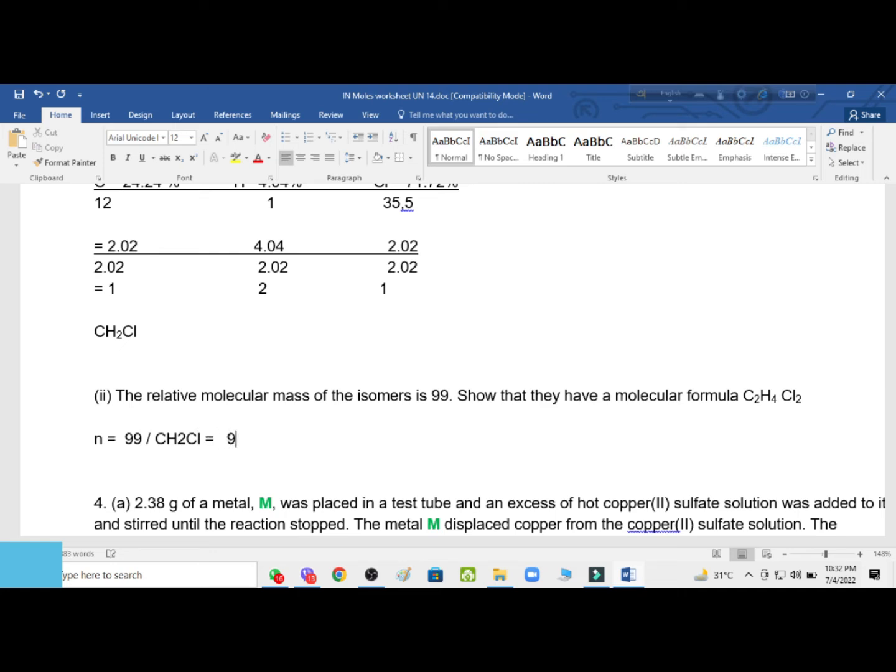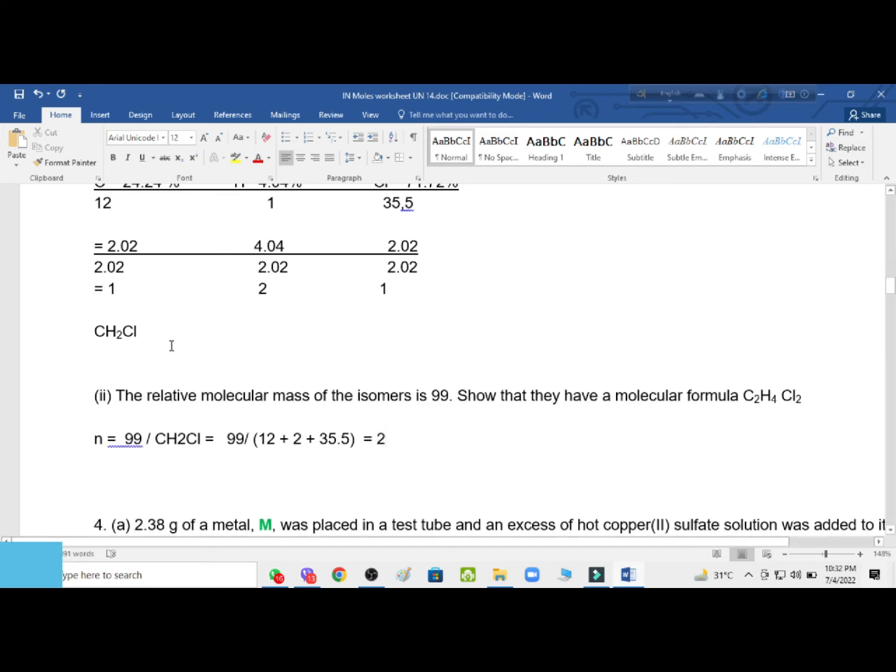What do we get? 99 divided by CH2Cl. What's its value? 12 plus 2 hydrogens, 2, plus 35.5. Together that is 49.5. So we get 2.